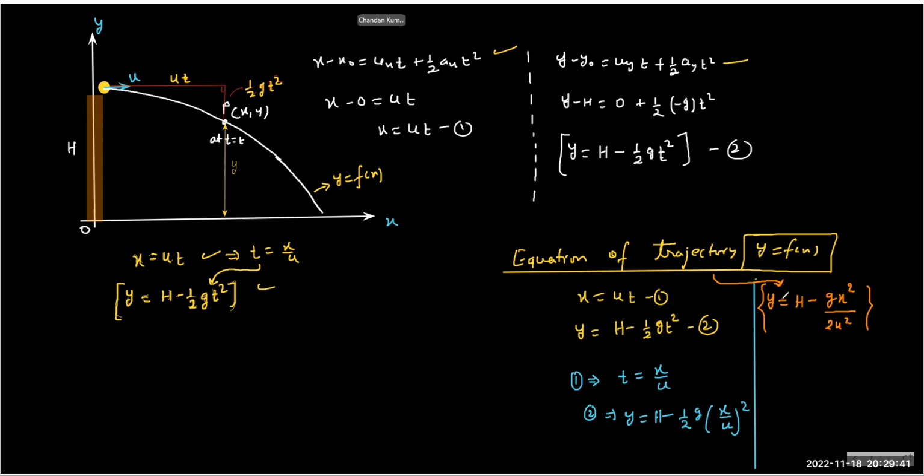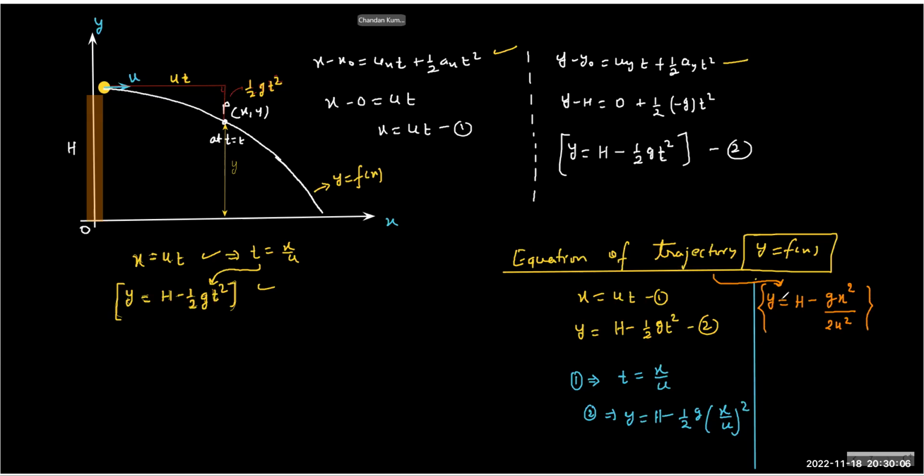Is it clear? Tell me guys, is it clear, yes or no? Yes, sir. What else can they ask? So once you have the relation called equation of trajectory, in projectile motion every question can be solved if you only know the equation of trajectory.